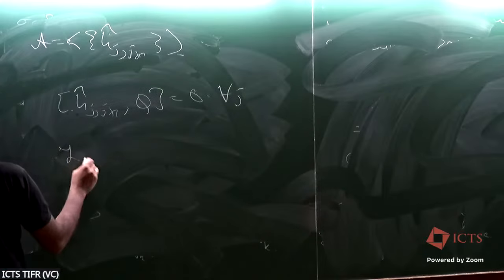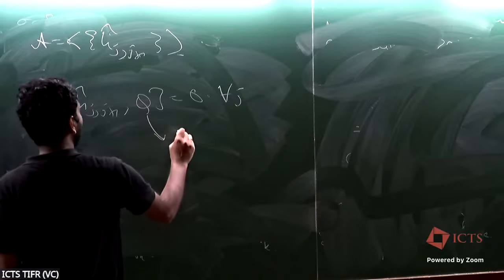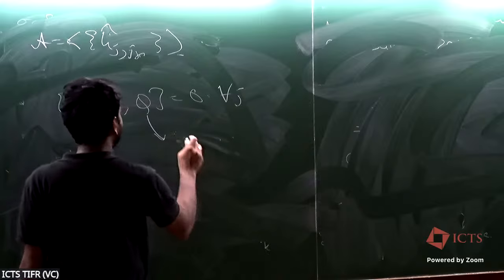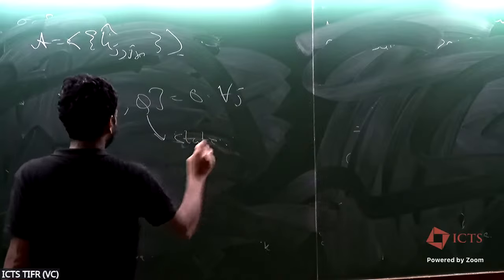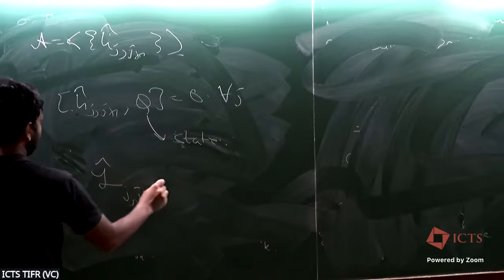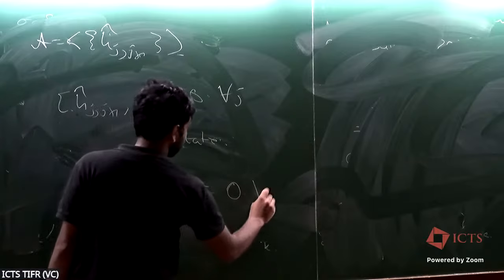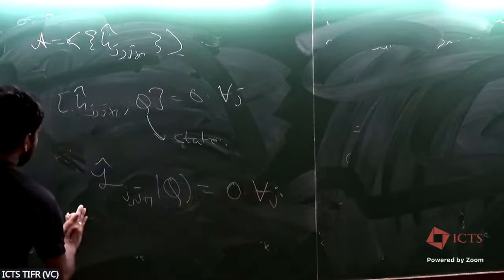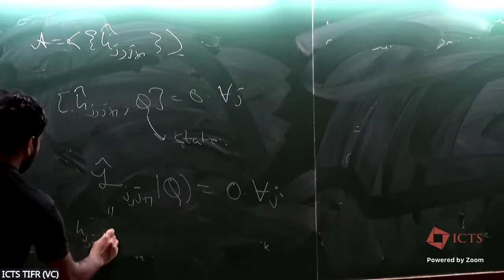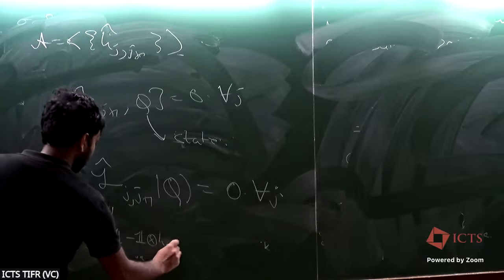If I convert this Q, the operator, into a state, you can write this as the Liouvillean annihilating this state, where the Liouvillean is H_{j,j+1} tensor identity minus identity tensor H_{j,j+1}.